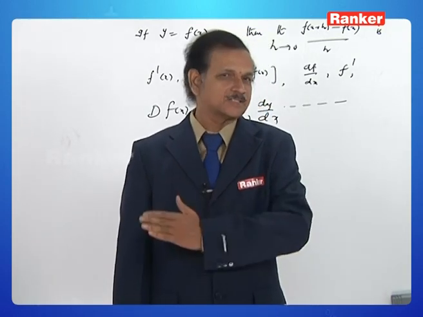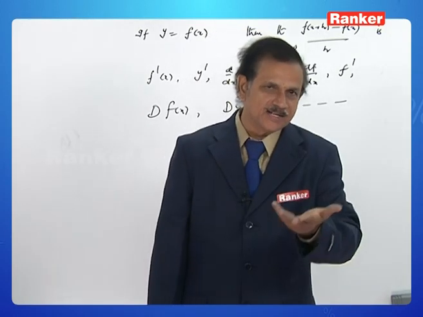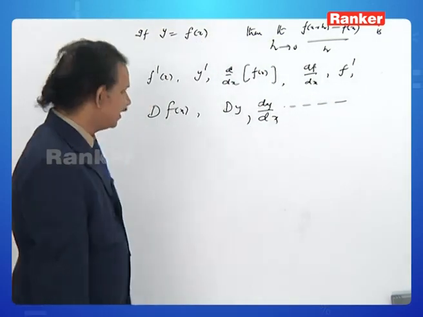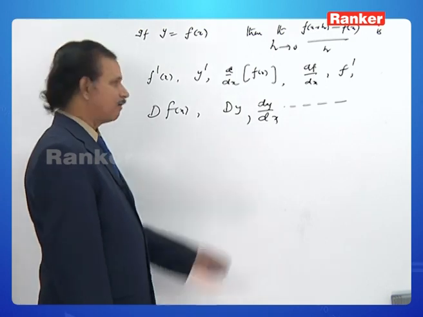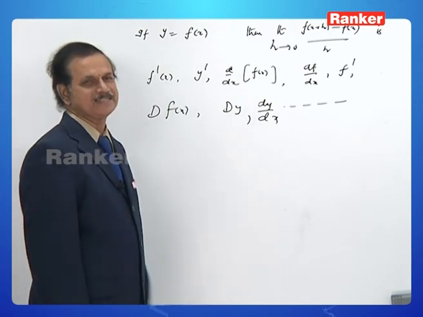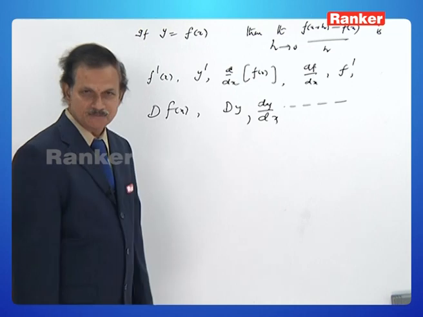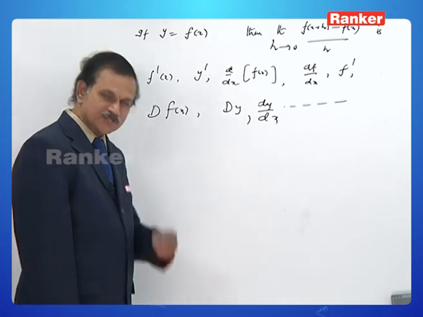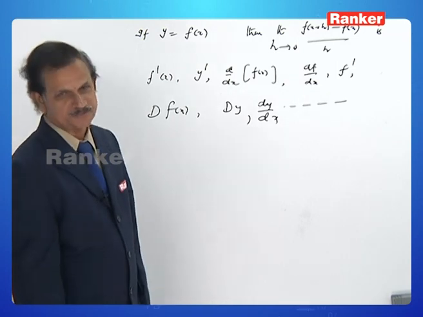Related to the change in x, we are about to find the change in f of x, that is y, that is dy by dx or dy by dx of f of x, like that. These are the various symbols. Well, let us now go into the details of this concept.